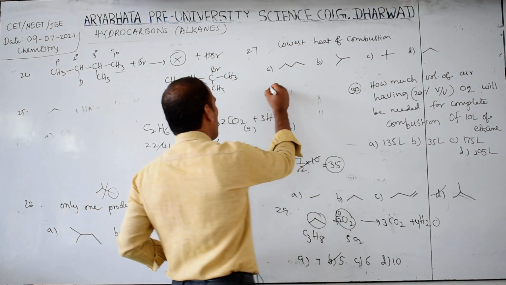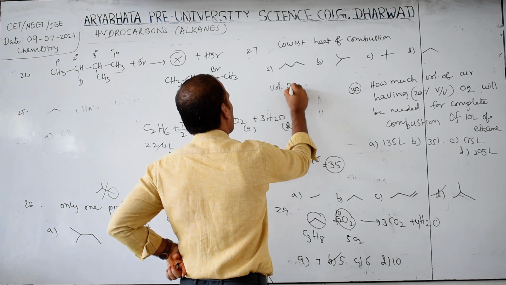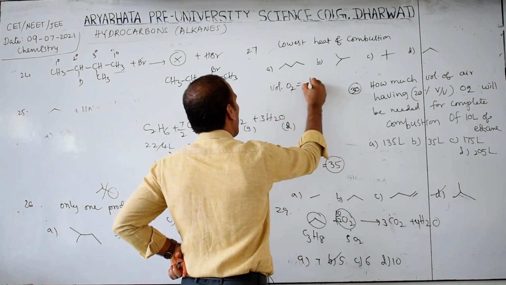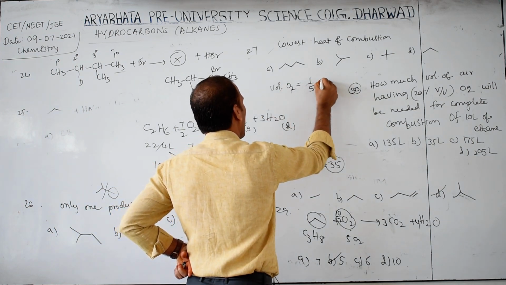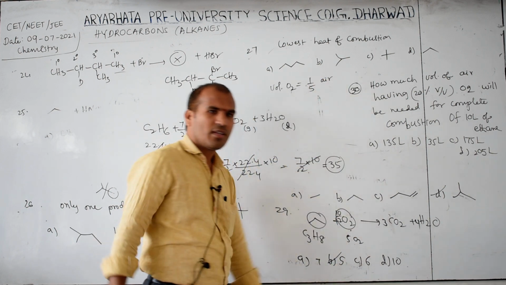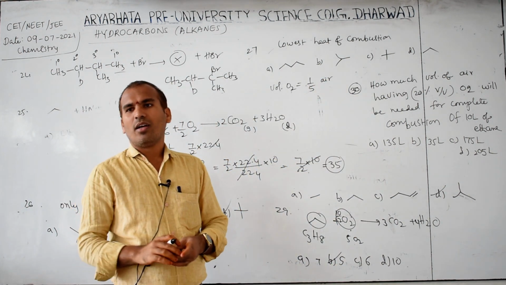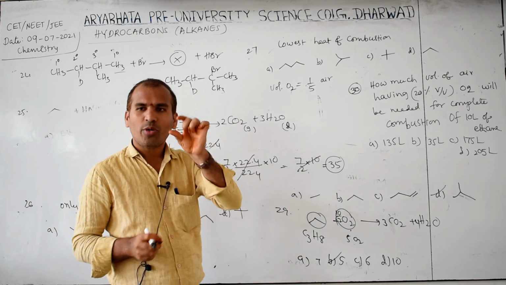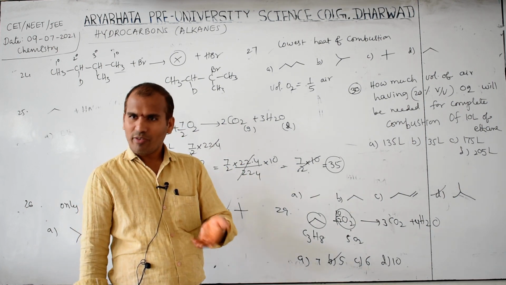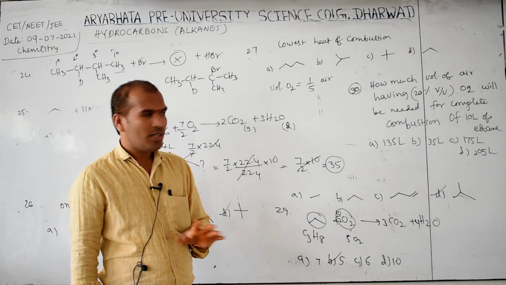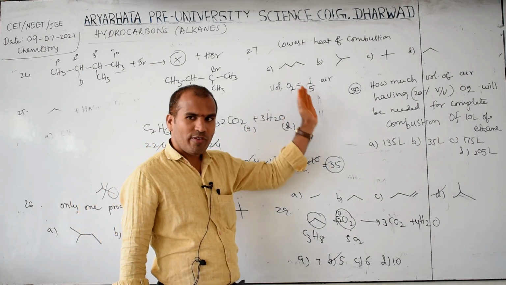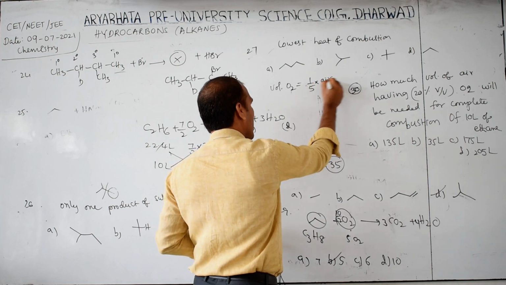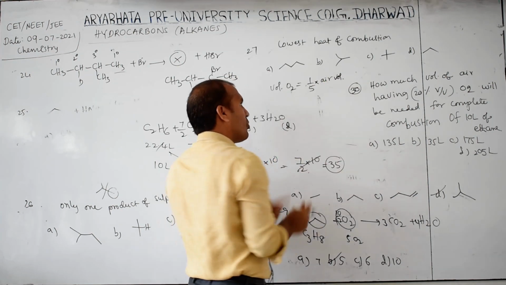Then volume of oxygen is how much? 1/5 of air. 20% means how much? Total 100, and 20 is 1/5 part. Got the point? So volume of oxygen is 1/5 of the air volume. Clear this is?